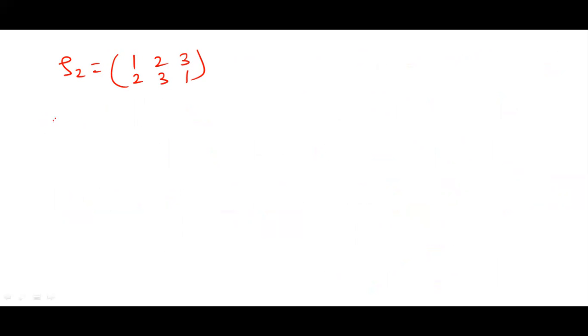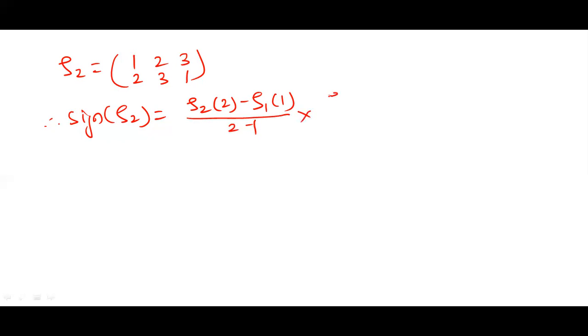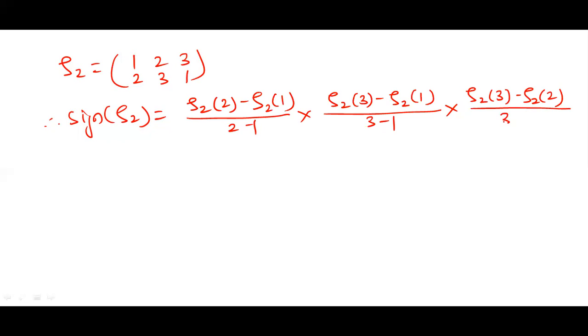Therefore, signature of rho 2 is equal to rho 2 of 2 minus rho 2 of 1 divided by 2 minus 1, rho 2 of 3 minus rho 2 of 1 divided by 3 minus 1, and rho 2 of 3 minus rho 2 of 2 divided by 3 minus 2.